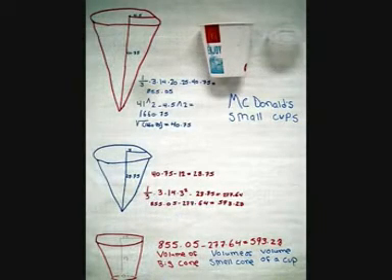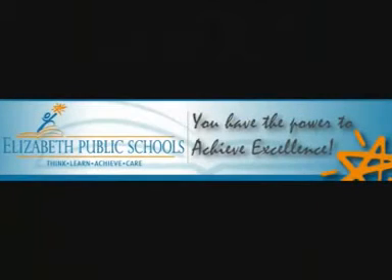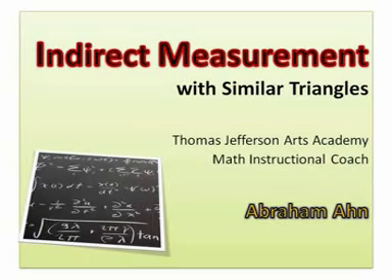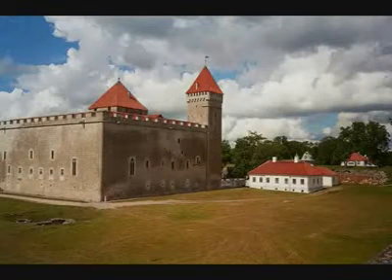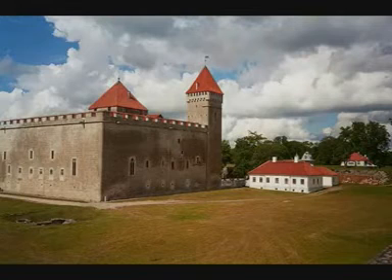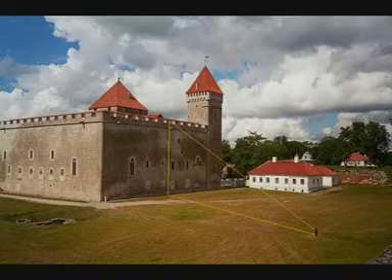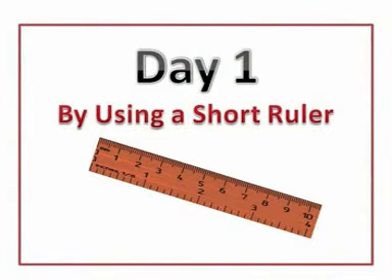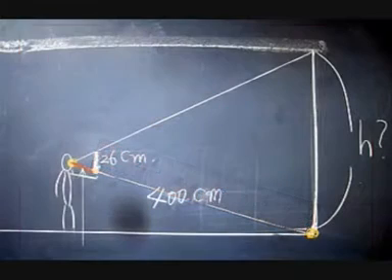Let me introduce another class. Students learn how to measure length and height, but sometimes, where are we going to use this? Okay, this is the story. In ancient times, when they invaded a capital, they needed to know the height of the wall.